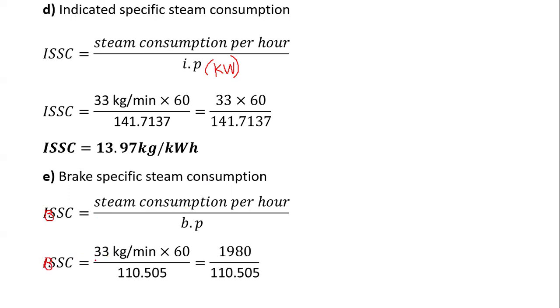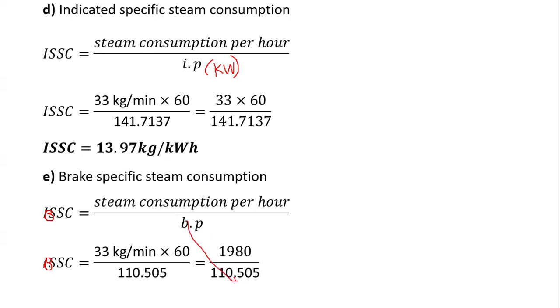We're using 33 kgs per minute. So we multiply by 60 so that we can have the equivalent in hours. We want it for at least 1 hour. So that's why we multiply by the 60. In an hour, there are 60 minutes. So the answer we get is 1980. Then we divide now by the brake power.